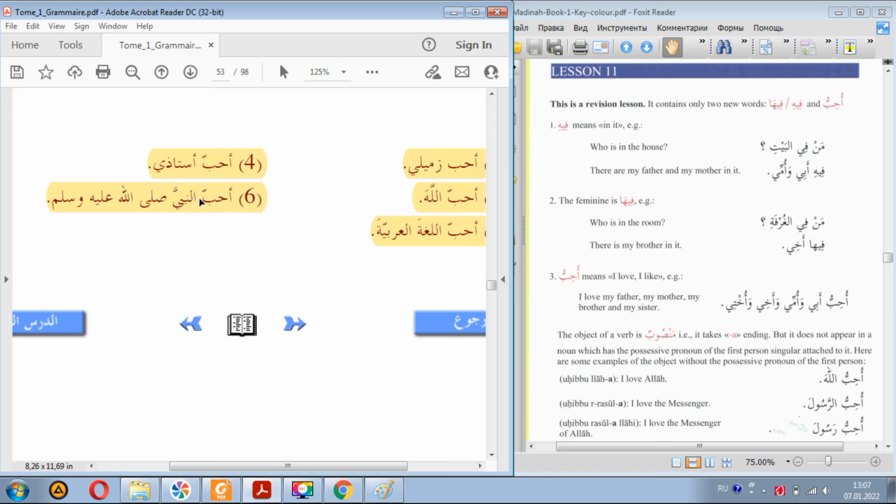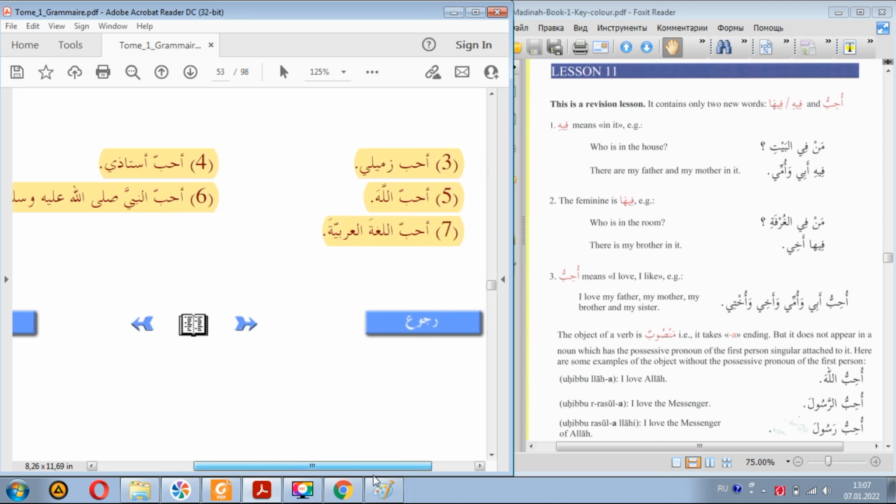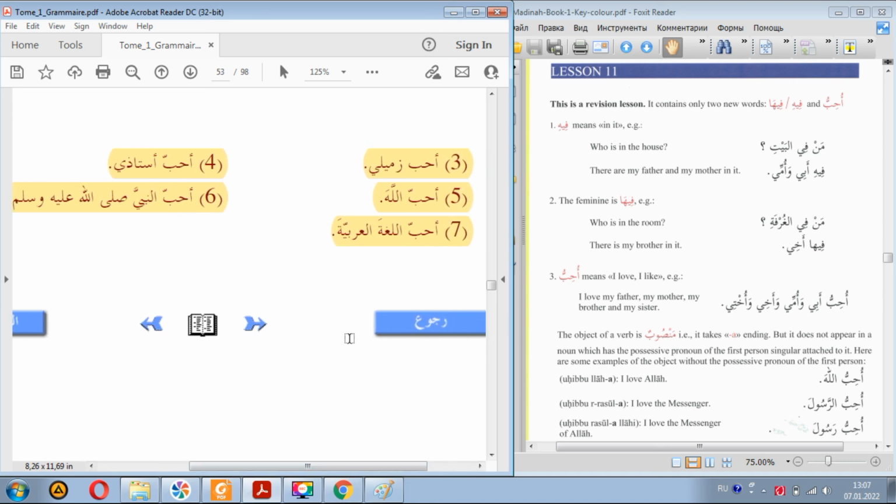My love is an action, and it falls upon the Prophet, so it takes fatha, and it's mansub. Remember all the three terms, marfu', majroor, mansub. They are all important. You will be meeting them all the time.